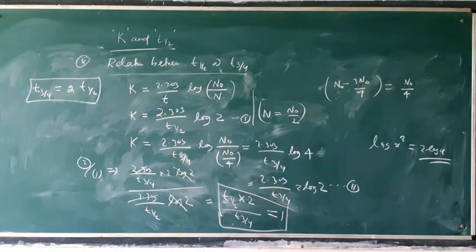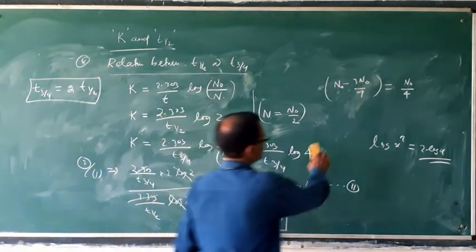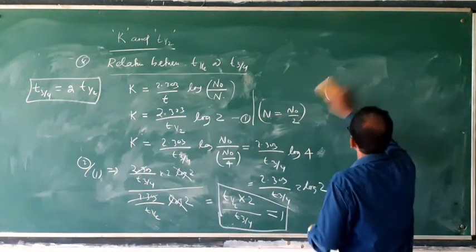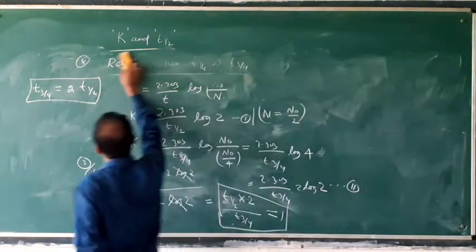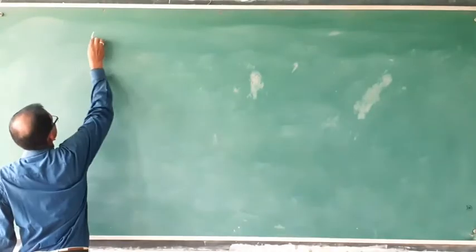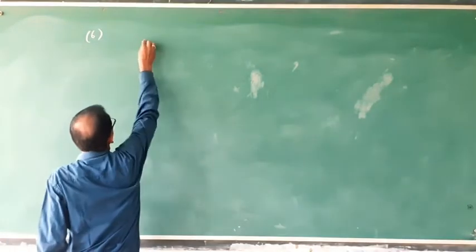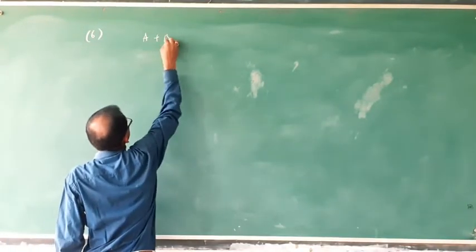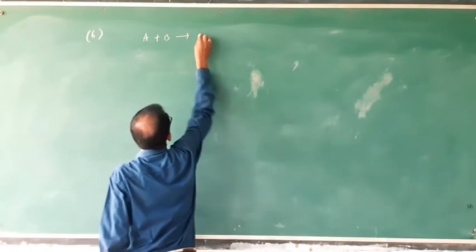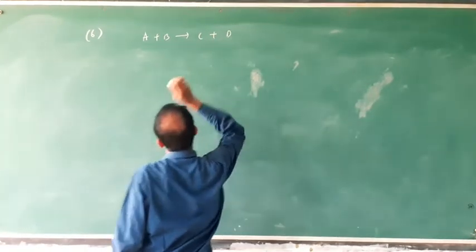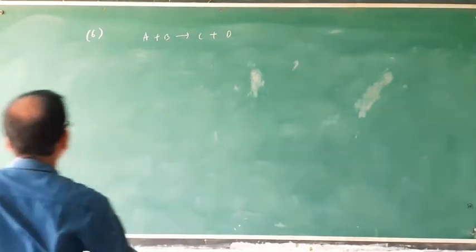Regarding this, now a different problem. Calculate for a reaction of the type A plus B changes to C plus D. This is given.